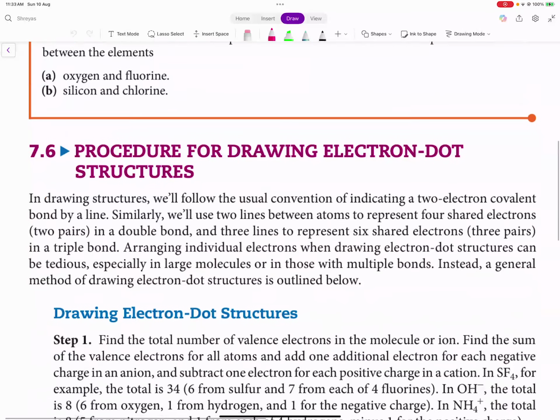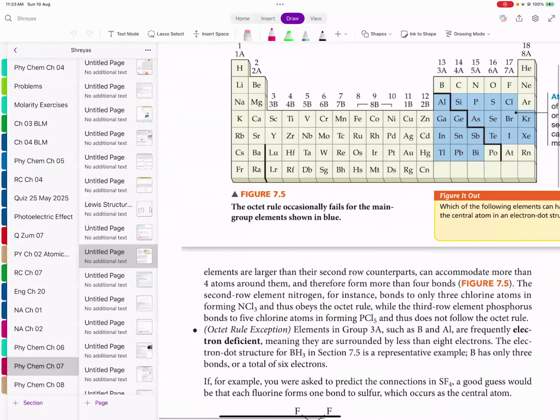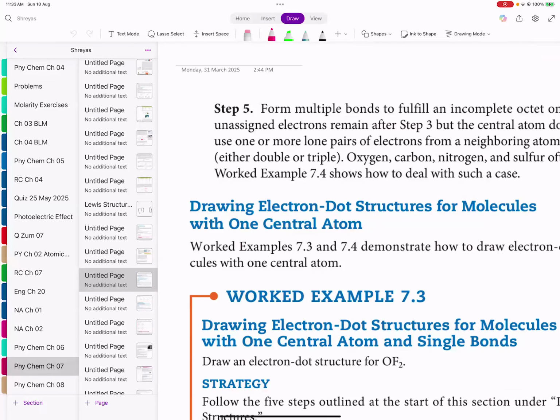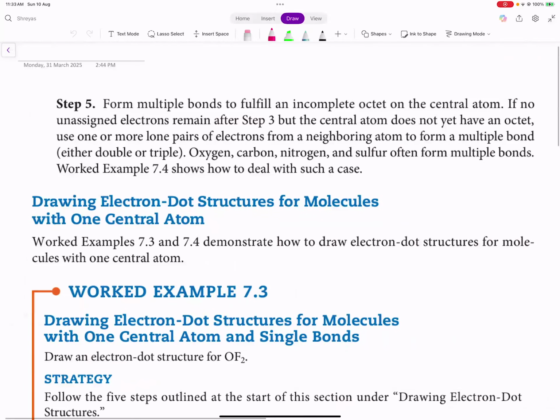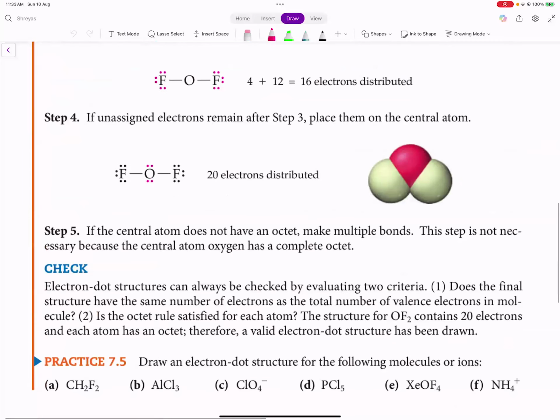You don't need to look at this procedure. I've already given you one procedure, right? That is more than sufficient. So this is just like OF2 you have to draw. Now try these.